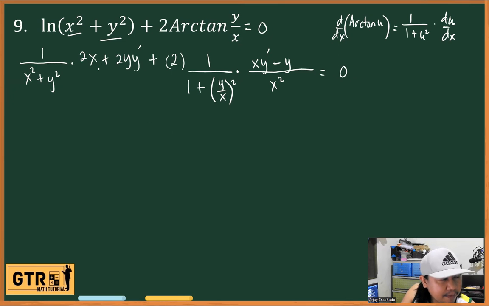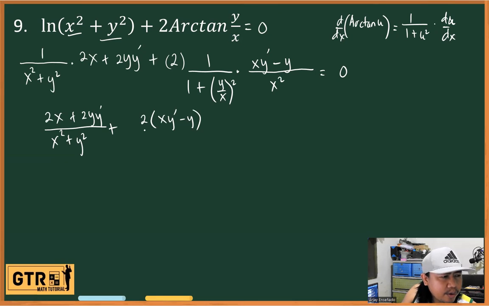So let us simplify. We have 2x plus 2y y prime over x squared plus y squared, plus, just multiply all the numerators, 2 times xy prime minus y, all over x squared.